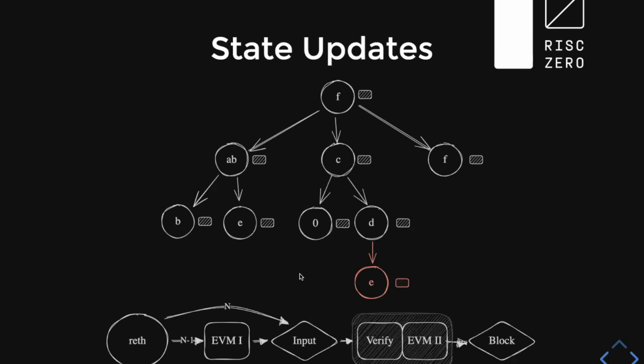The good thing is, if you only modify existing accounts, then this automatically works because you already have them as leaves in your trie, and nothing more is needed. If you create a new smart contract or something like this, then this account would not be in the trie so far because it doesn't exist in that state, right?